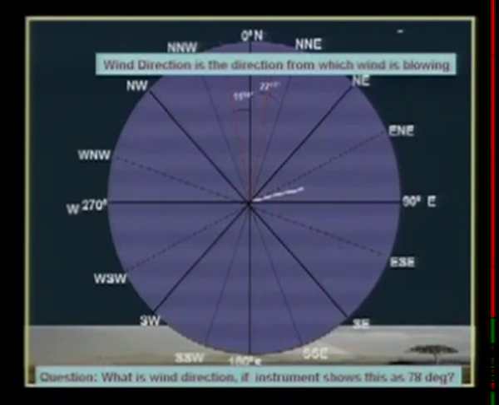If I divide this into equal parts, this will be 90 minus 11.25, so this becomes 78 3/4. And my actual wind direction is 78, so it is somewhere here.